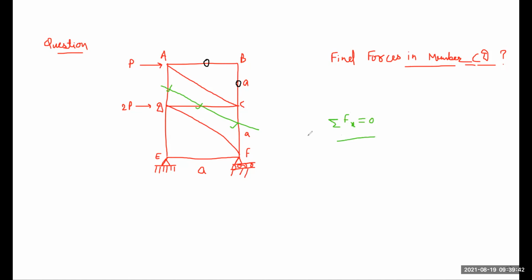So here, if you find the forces in CD, then you get FCD is equal to P kilonewton. This P kilonewton is tensile.